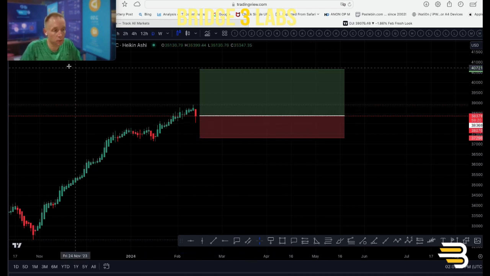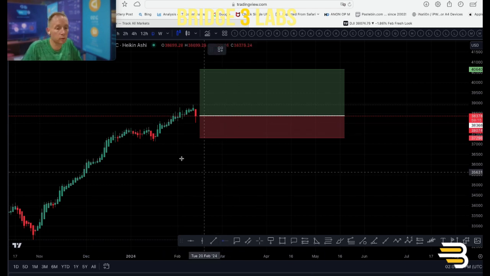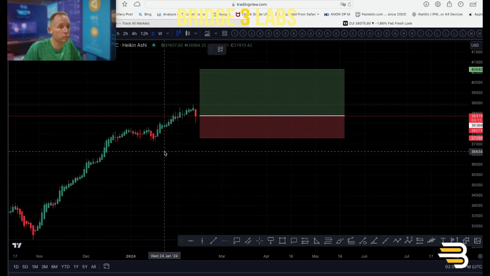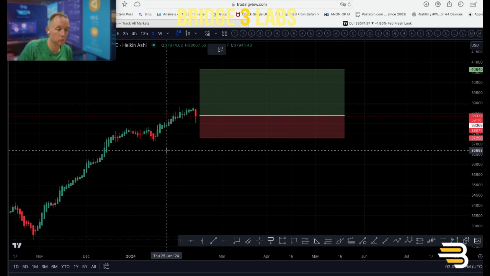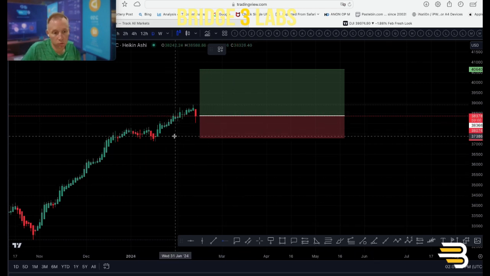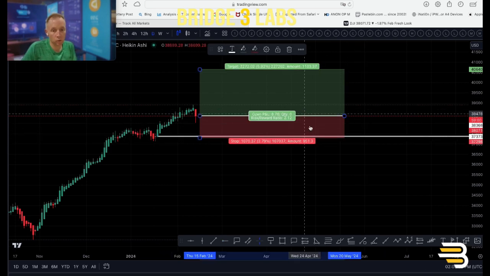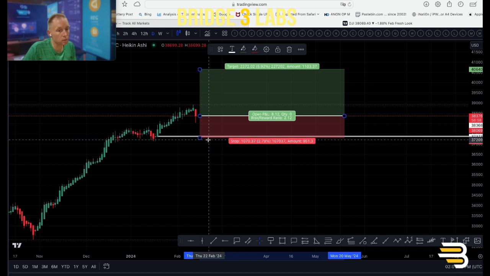Bear with me, guys, we're about to start drawing horizontal levels. But let's say that for some reason you thought that the low was going to be here at this level. And so you have a stop loss that's just under that level, and you think this was a good trade setup.